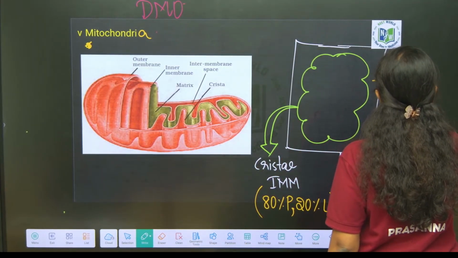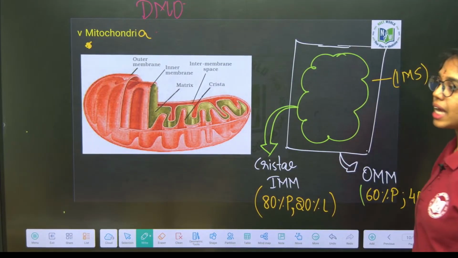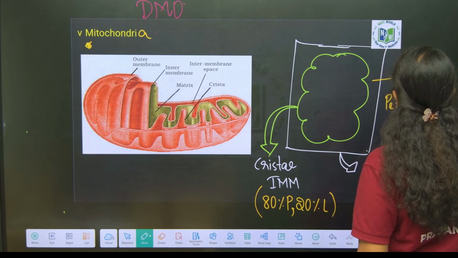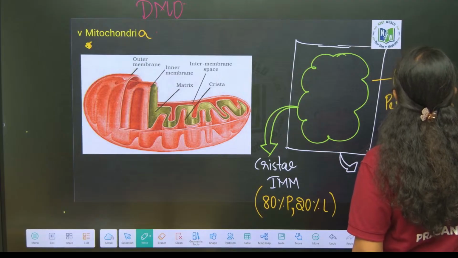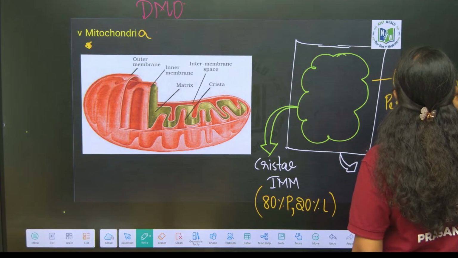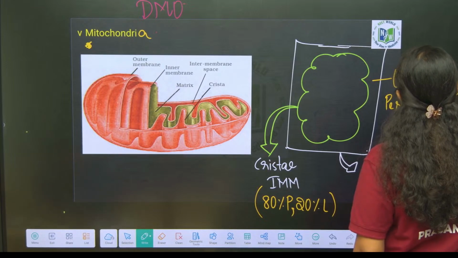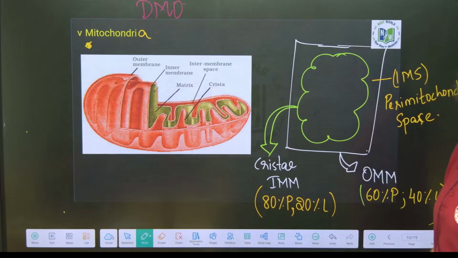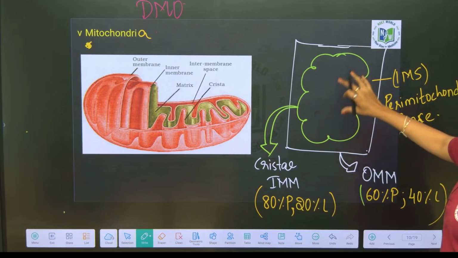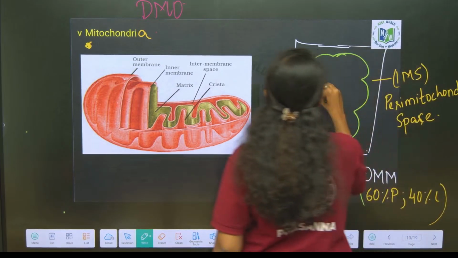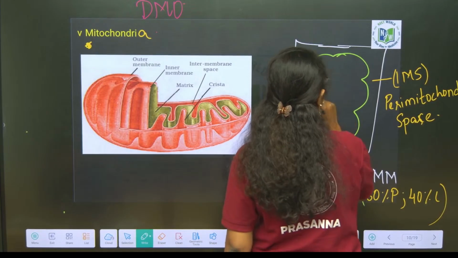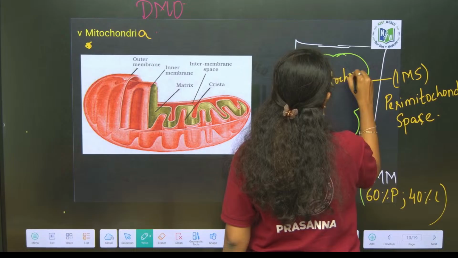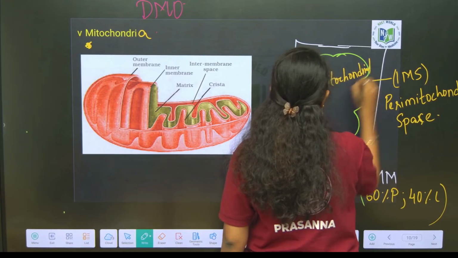Intermembrane space, or you can also call it perimitochondrial space. And inside the inner mitochondrial membrane, what is present? Mitochondrial matrix.